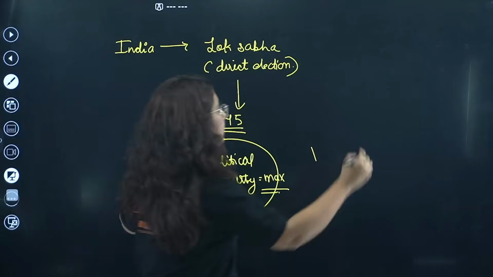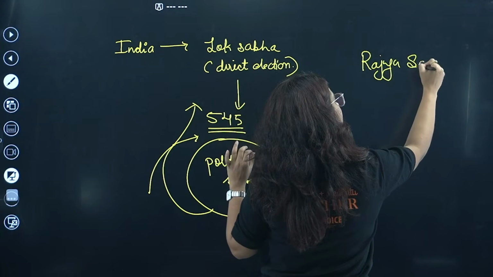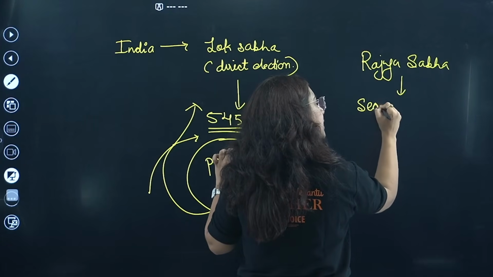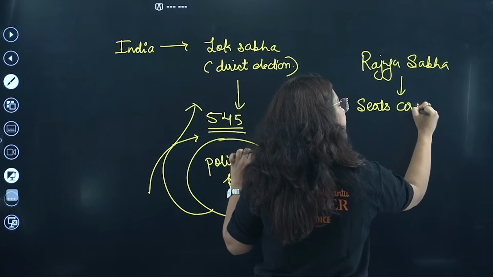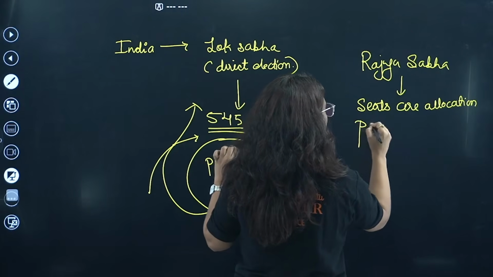But when we go to Rajya Sabha, the seats are allocated according to the proportion of population.